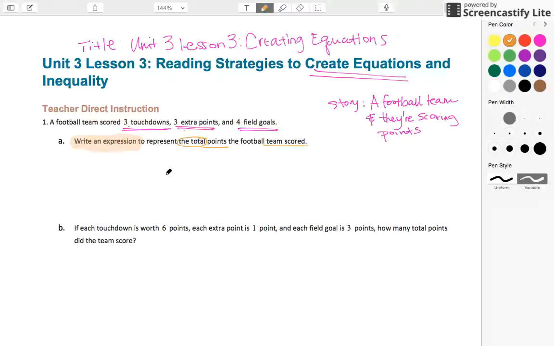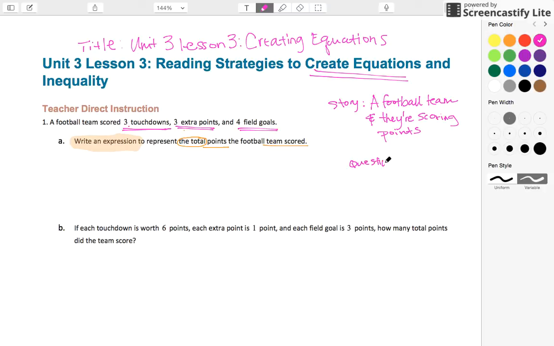Okay, so I know that my expression has to represent the total points. In this case, they scored 3 touchdowns, 3 extra points, and 4 field goals. Okay, so a question here, maybe on the side, I can have questions.